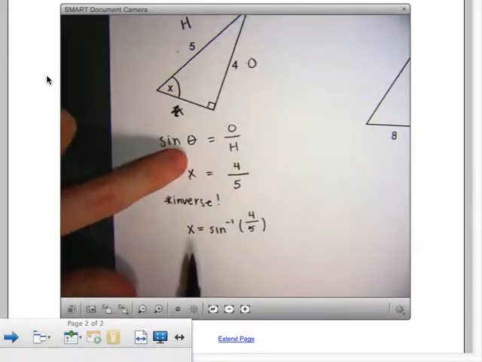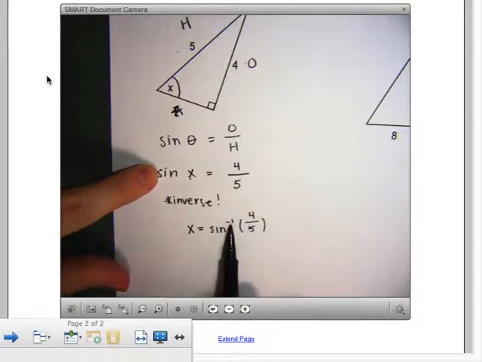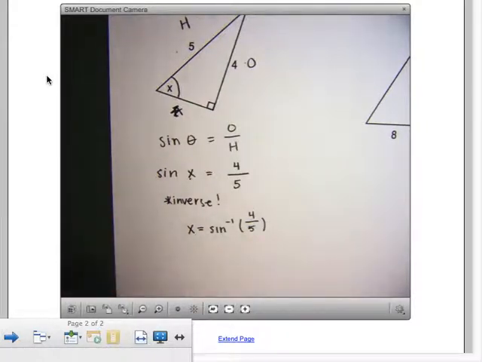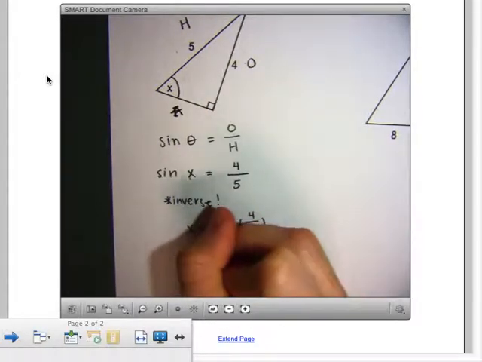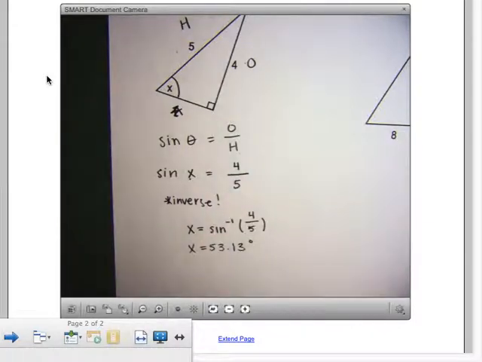I needed to get rid of sine, so I took it to the other side, but I have to put the -1. So I have sine to the -1 of 4/5. So in your calculator, plug in second sine, 4 divided by 5. And we should get 53.13 degrees because we were finding an angle. Okay, so again, solving for an angle, I have to do the -1 and I have to use second in my calculator.